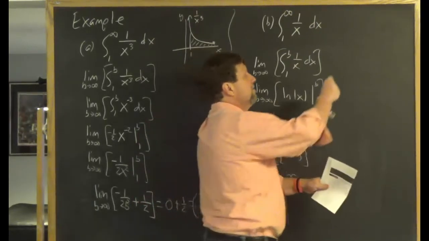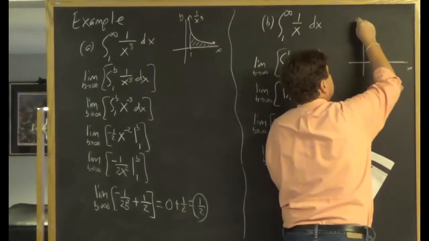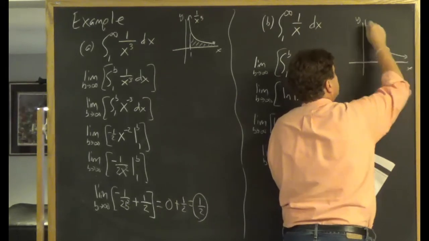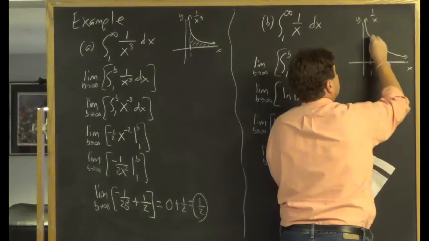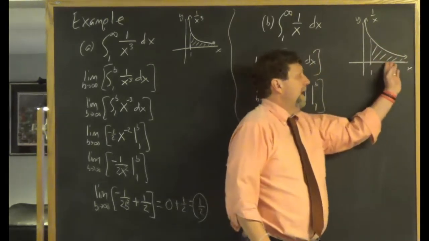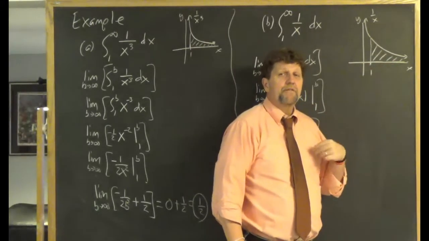So what this means is if you look at the graph of 1 over x on the interval 1 to infinity, so here's the graph of 1 over x, this unbounded region has infinite area.